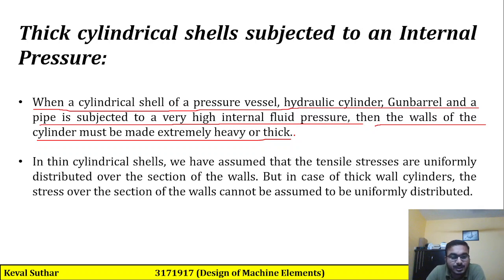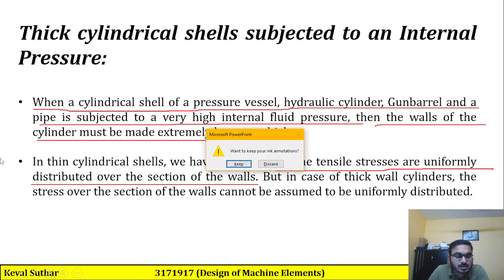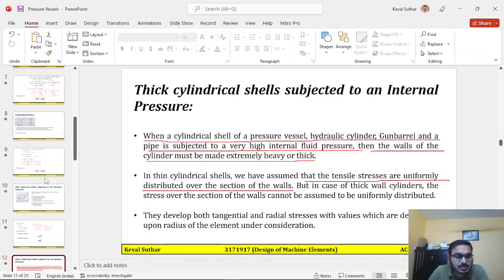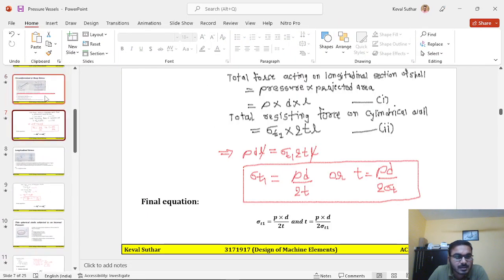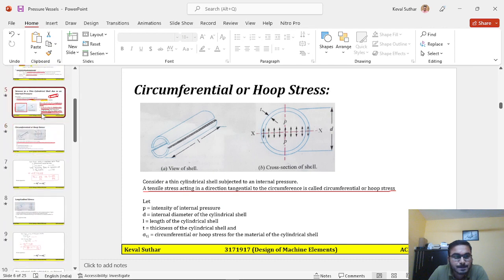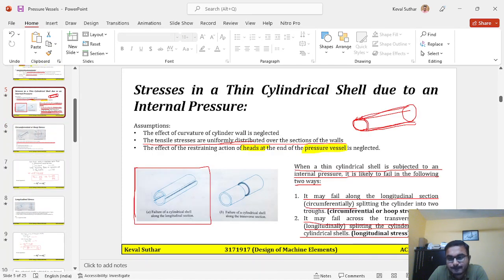If you recall, in our previous lecture I told you that in case of thin cylindrical shells, we assume the tensile stress as uniformly distributed over the sections of the wall. Let me give you a reminder of what we did over there as an assumption.